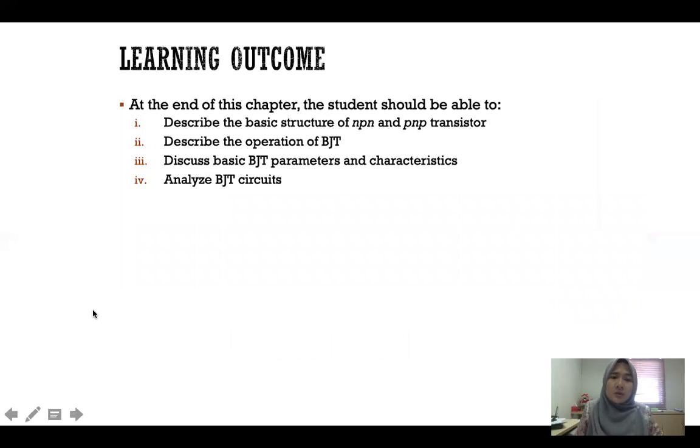These are the learning outcomes for this chapter. Please make sure that at the end of this chapter, you must be able to describe the basic structure of NPN and PNP transistor, describe the operation of BJT, discuss the basic BJT parameters and characteristics, and lastly, analyze BJT circuits.